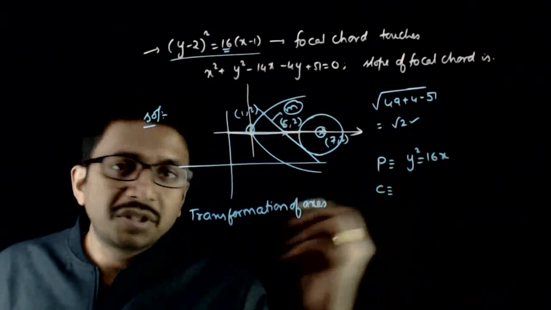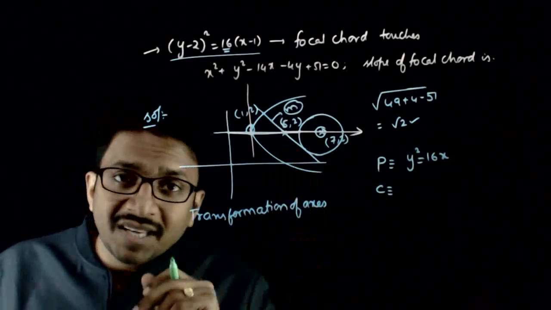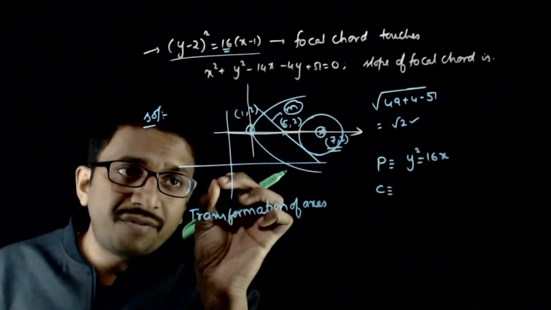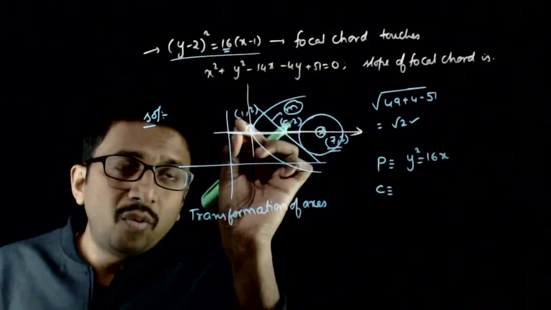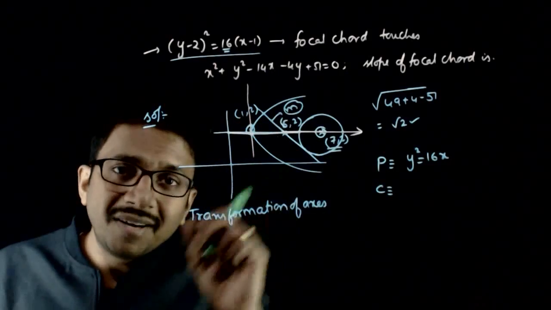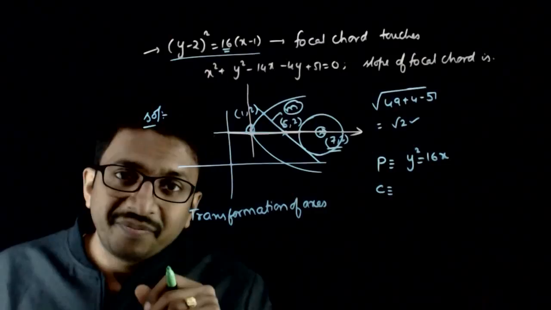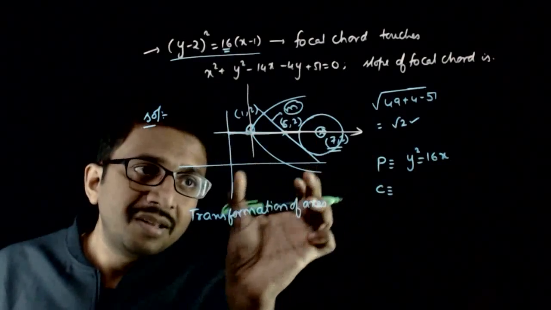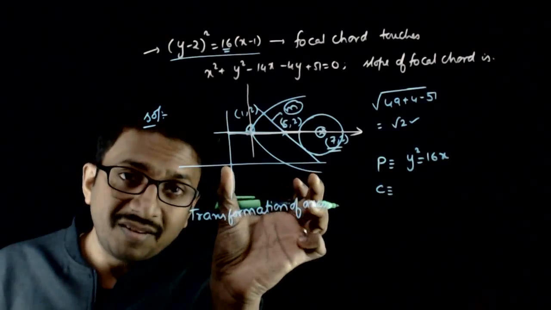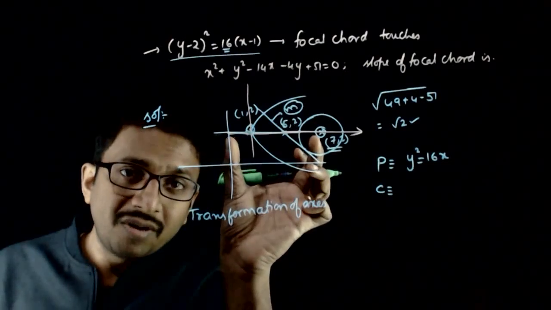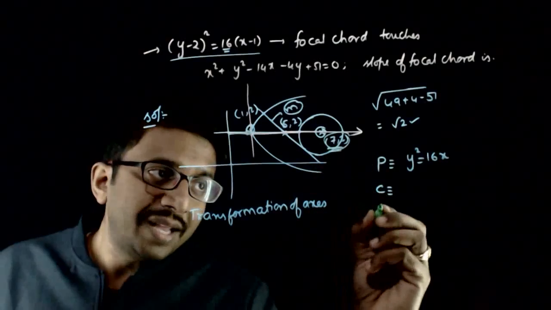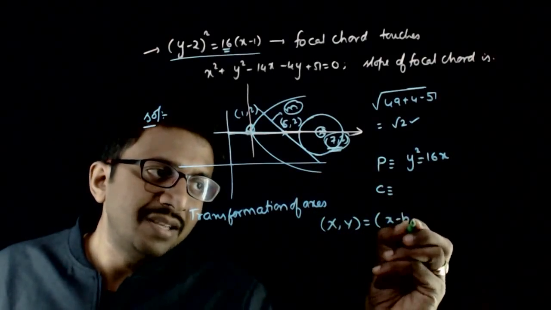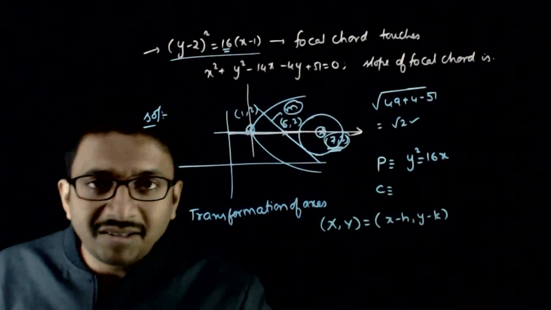Next, what does the equation of the circle become? The radius of the circle does not change, but the coordinates of the center change. If I shift the origin to (1, 2), what do the coordinates of the center become? The new x and new y are nothing but old x minus h and old y minus k, right?